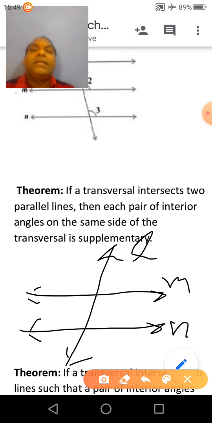So transversal line L intersecting these two lines at the 2 points, this one and this one.